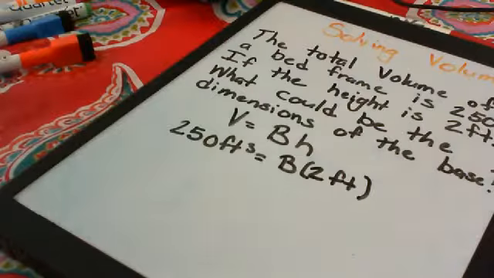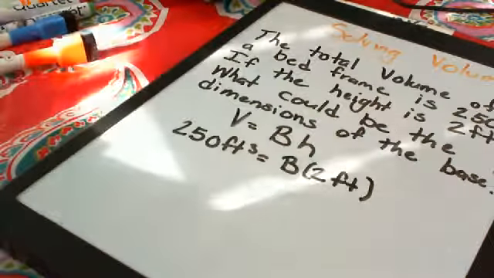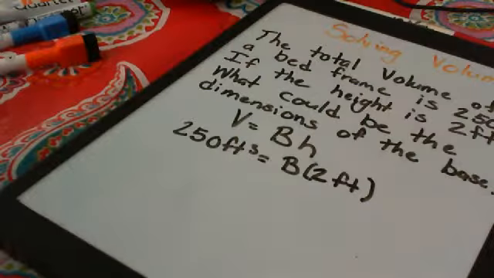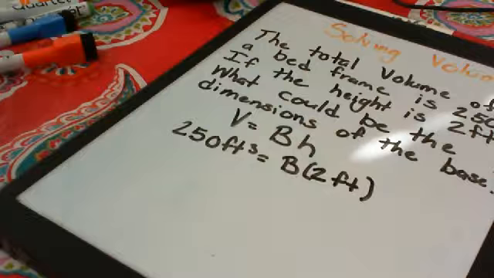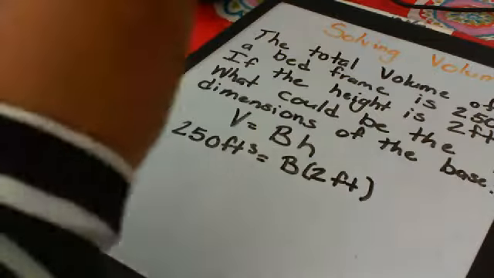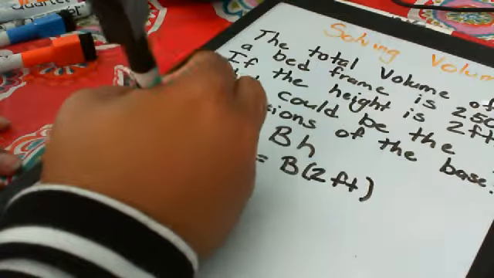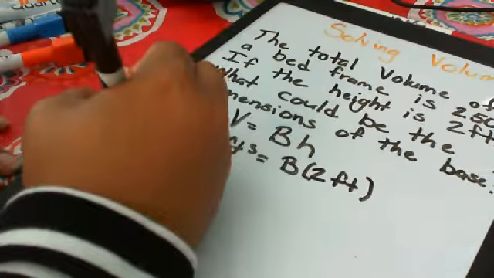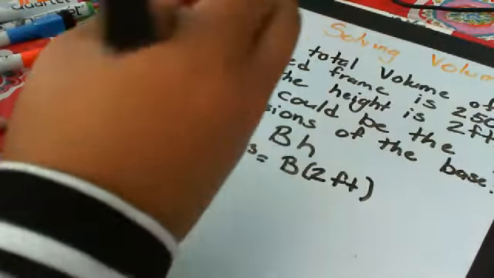Now we have to divide 250 by 2 so that we can figure out what our base could be. So, I'm going to do that. 2 goes into 250 one time, subtract, bring down my 5, goes 2.